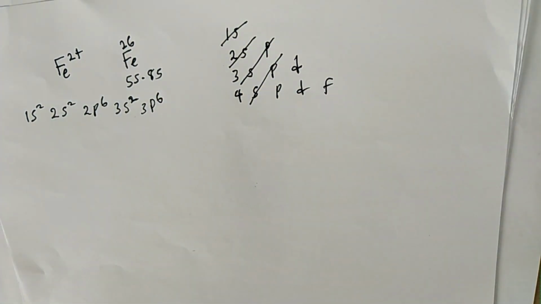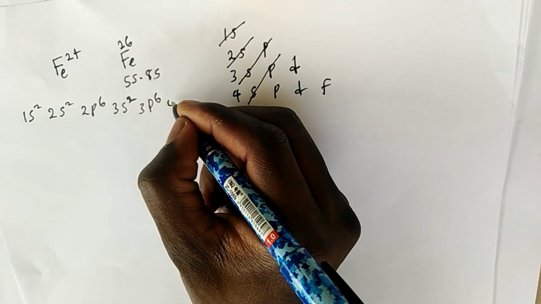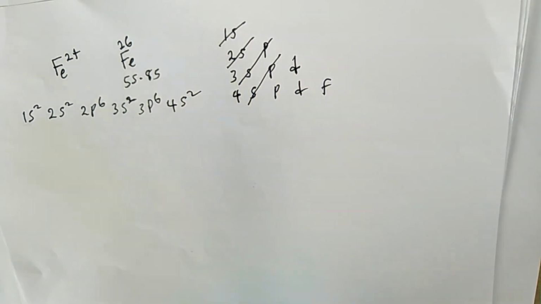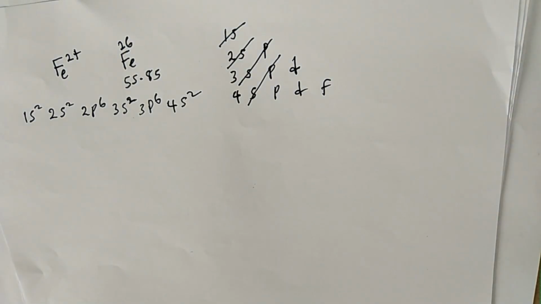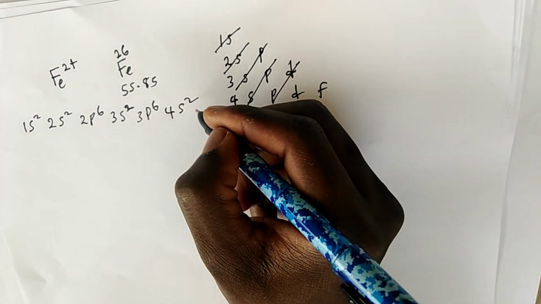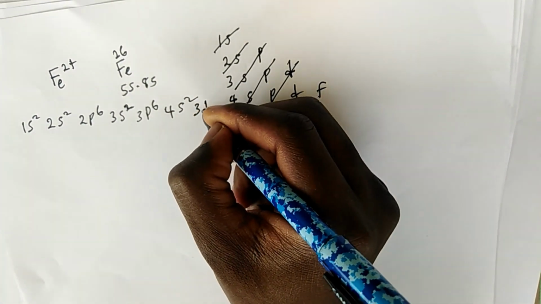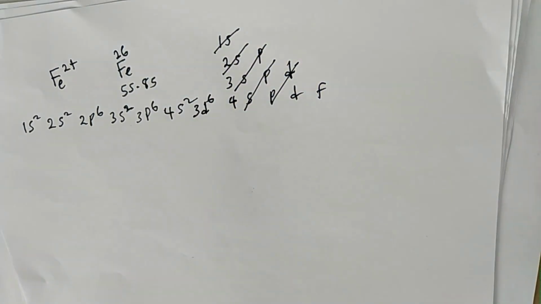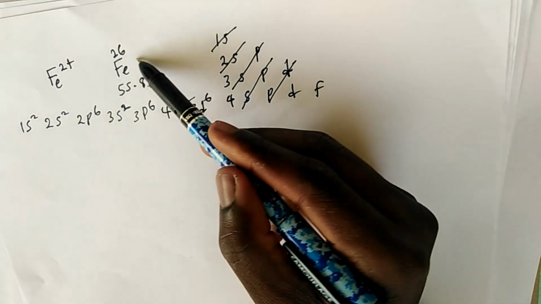So far there is 18. And we have 4s2. This is 20. Then we have 3d6. That's 26, right?